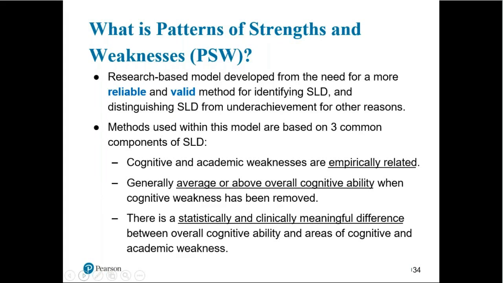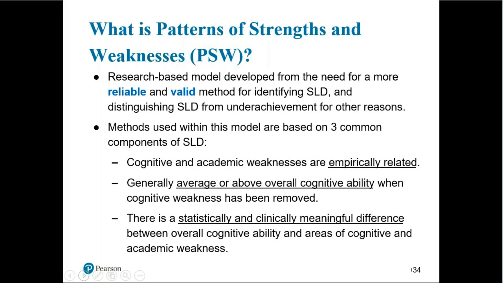And so this model really is research-based, which is brilliant. And it was developed, as I said, due to the need to have a more reliable and valid method. And hopefully, it will allow us to better distinguish between children who have specific learning disorder versus children who are underachieving for a range of different reasons.